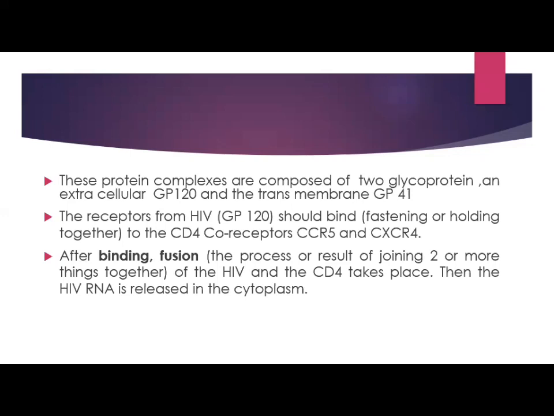When GP120 from HIV binds to the CD4 receptor and CCR5, they will bind and fuse together and the two will now be attached. After binding, fusion, which is the joining of two or more things together, of the HIV and the CD4 cell takes place.